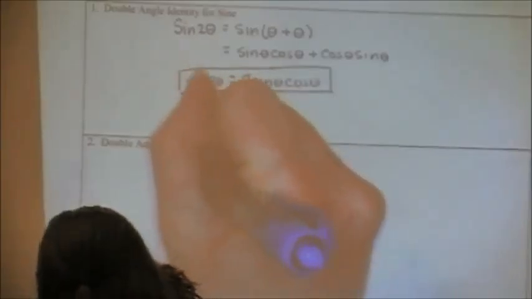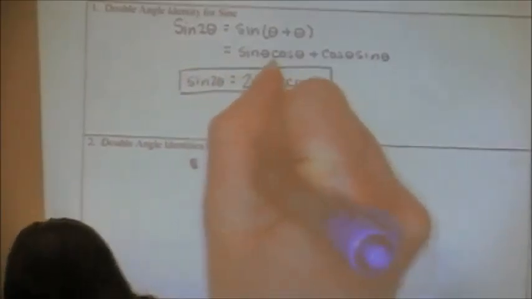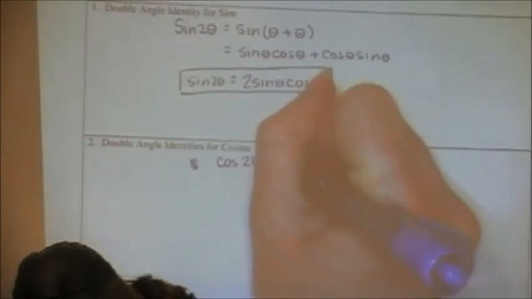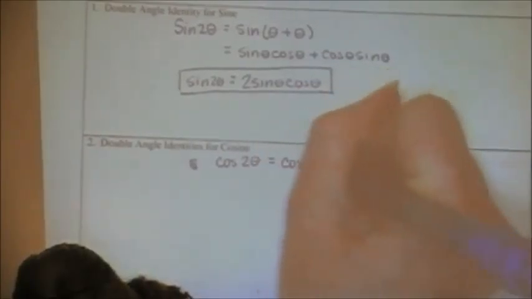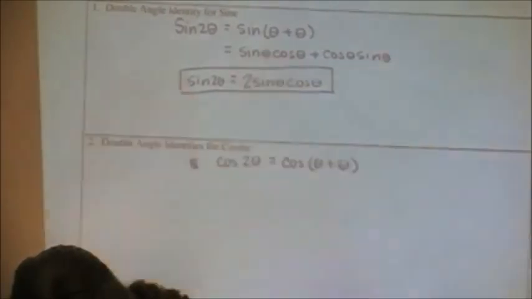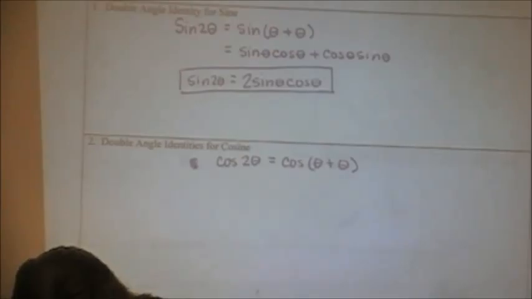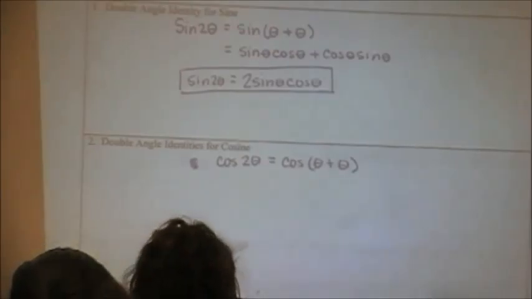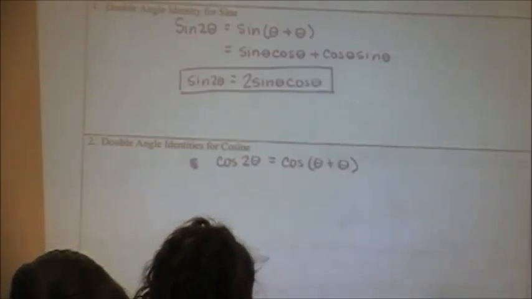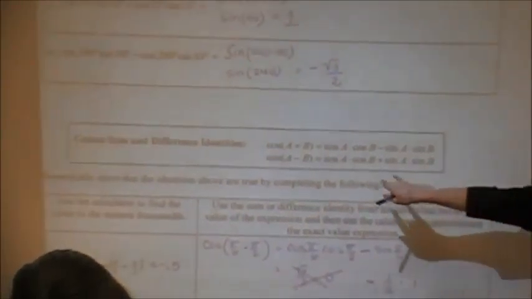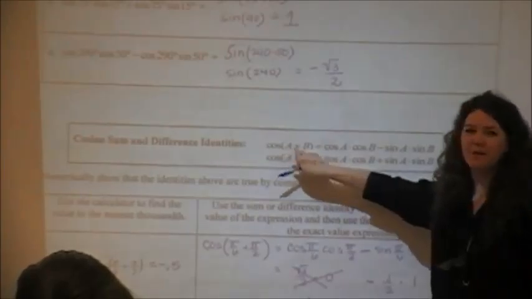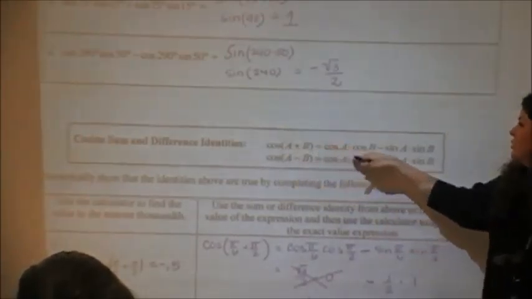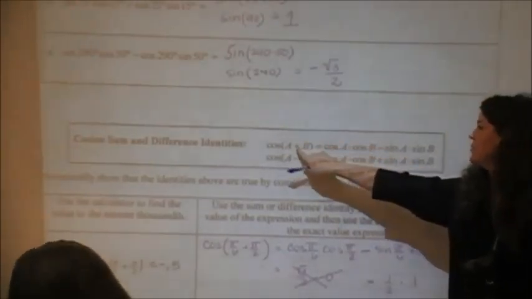So cosine of 2 theta is the same thing as cosine of theta plus theta. I happen to have them memorized, but if you don't, you can look for a little while longer before you memorize them. There's the cosine sum identity. Cosine of a plus b, mine says theta plus theta, but cosines are grouped together, and remember, these are the ones with the backwards sign.